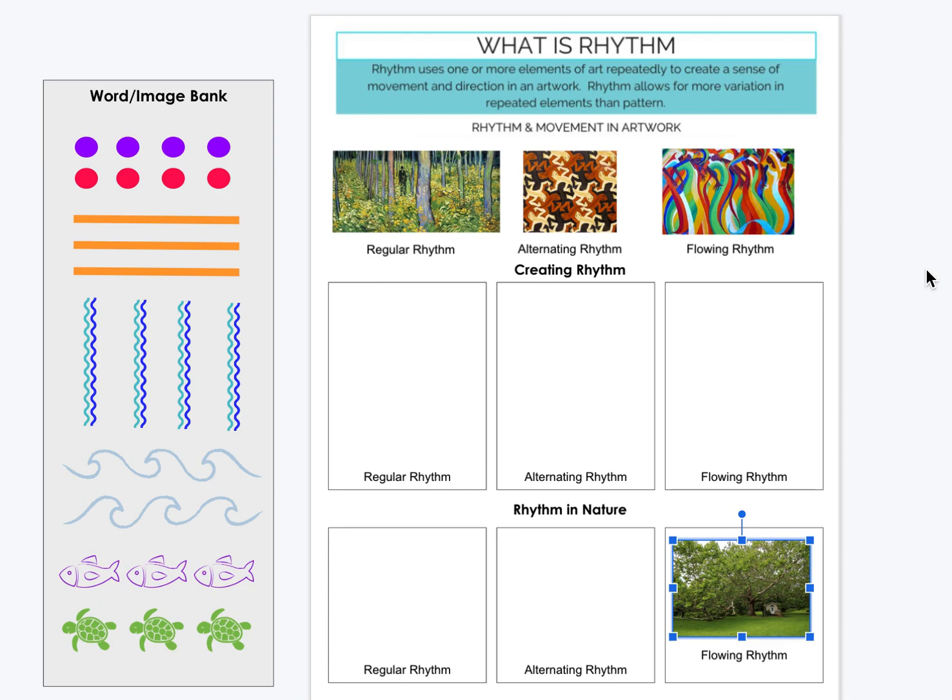Just to let you know, your image, your little stencil, could be the item that you're creating rhythm with, or if you want, put your image, your little stencil, in and make a scene around it that shows rhythm in it. All right, ladies and gentlemen, here you go.